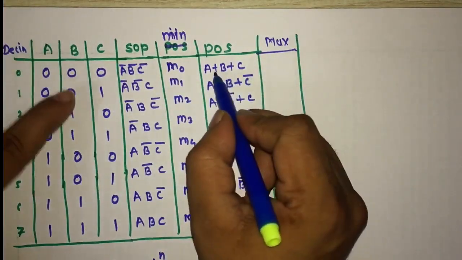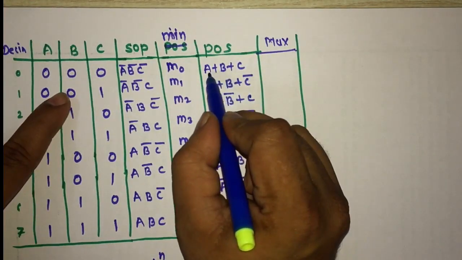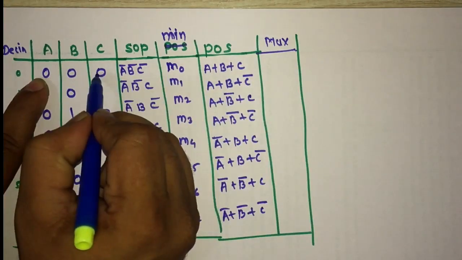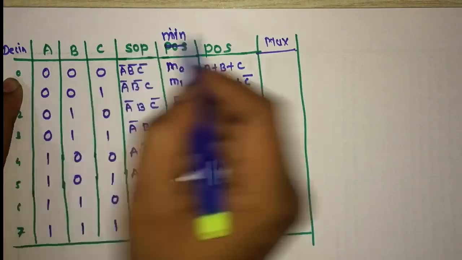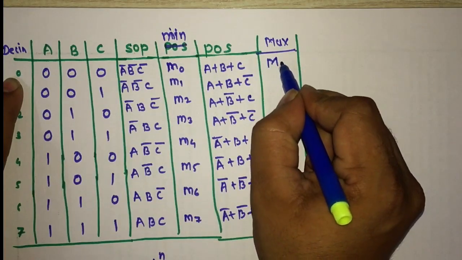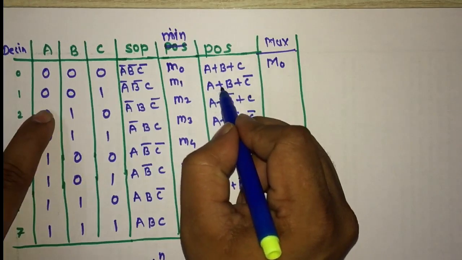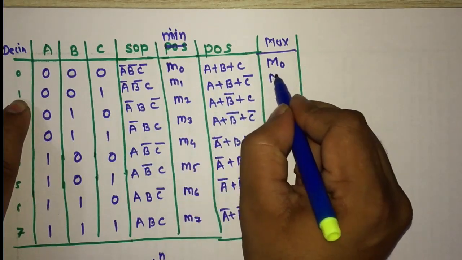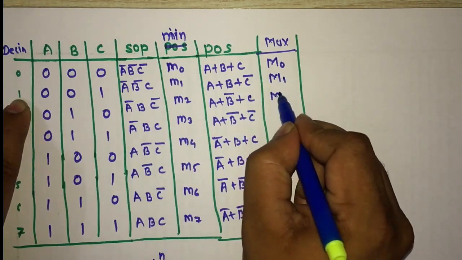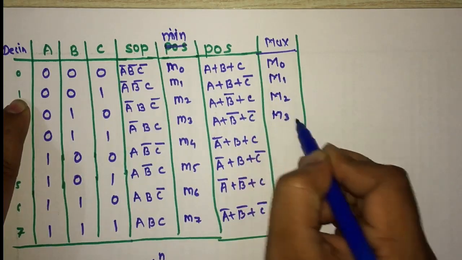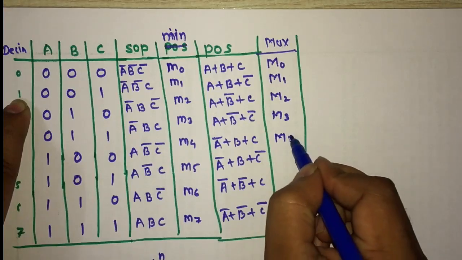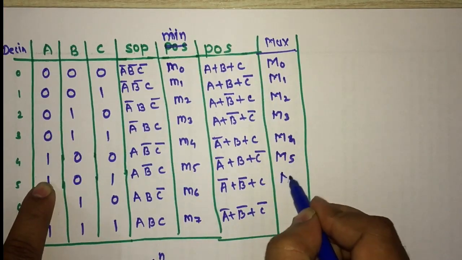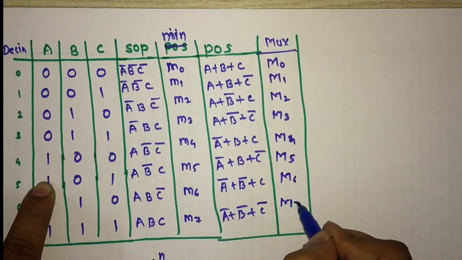Now this sum term is for this combination, and the decimal equivalent is 0, so that is indicated by capital M0. The second term is for decimal number 1, so it is indicated as capital M1. Likewise we will indicate these terms as capital M suffix the decimal number: M4, M5, M6, M7.